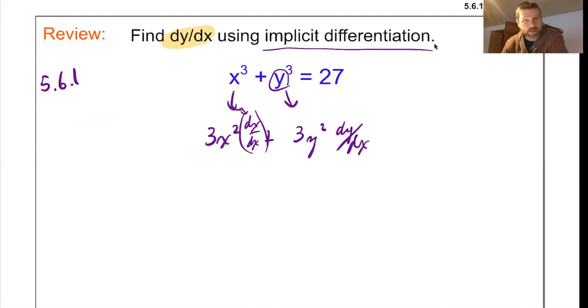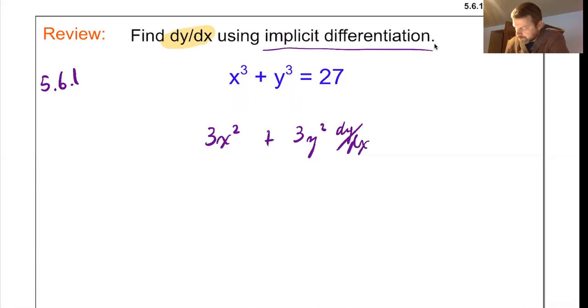Because using the same idea of chain rule, derivative of x cubed is 3x squared times the derivative of the inside. Well, the derivative of x can be dx when we're taking the derivative of x with respect to x.